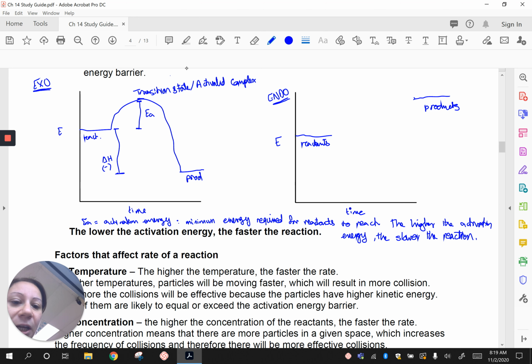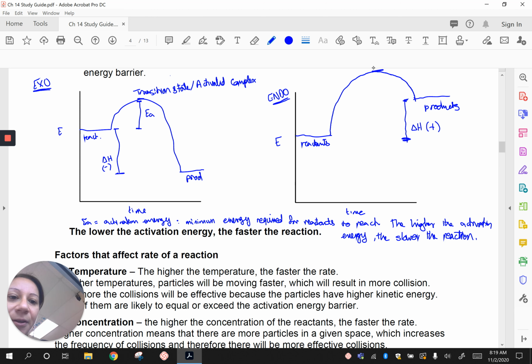Again, it doesn't go straight. You have a little hill, and then it goes down. The difference between the reactants and the products, oops, I went a little bit too far here. About there maybe. That's your delta H, and if it's endothermic, then it's positive.